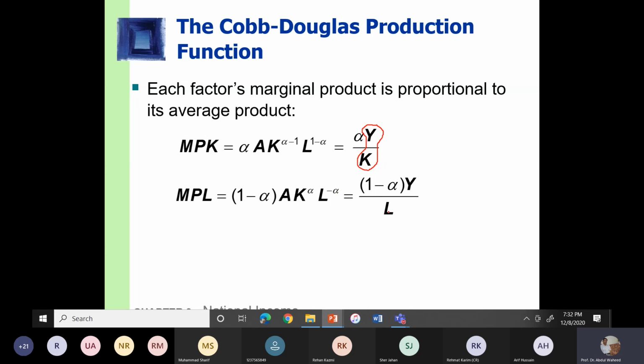So this L will come down, and this is the average product of labor. So this means the marginal product of labor is proportional to the average product of labor, and this is the ratio. Marginal product of capital is proportional to average product of capital.